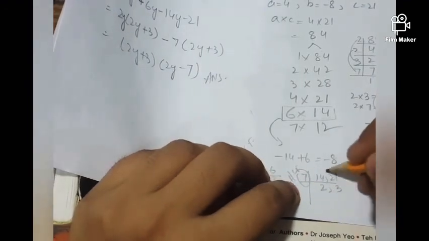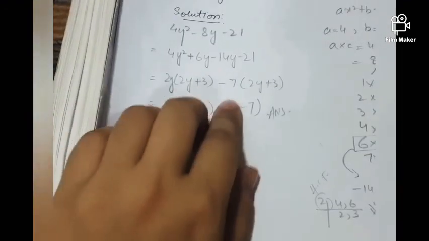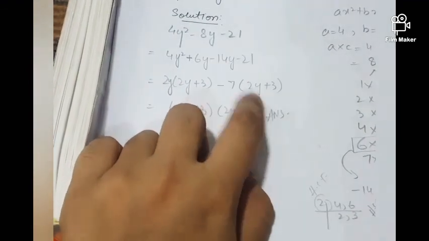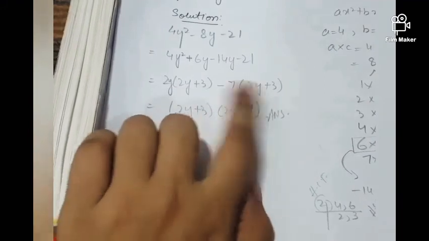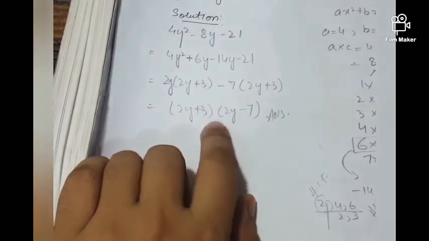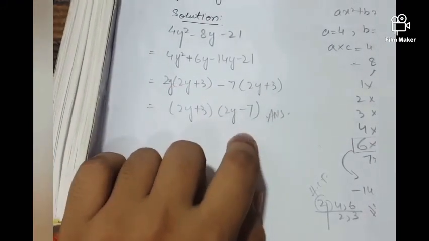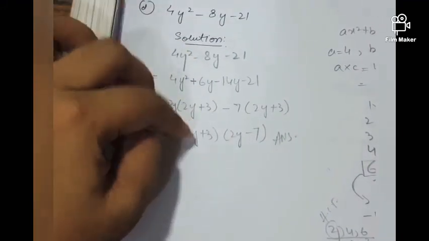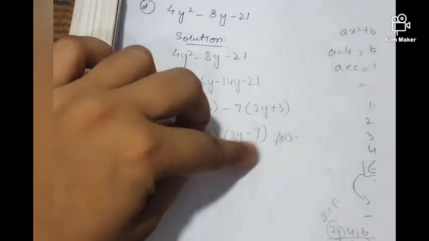Okay, 7 2s are 14, 7 3s are 21, minus minus plus. Now see, both the brackets are the same, so 2y plus 3 and 2y minus 7. So the factors of 4y square minus 8y minus 21 are 2y plus 3 and 2y minus 7.